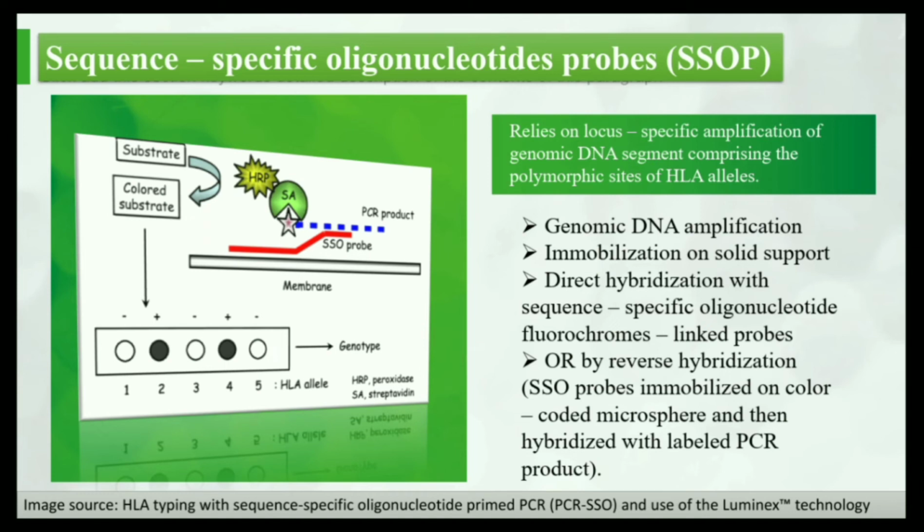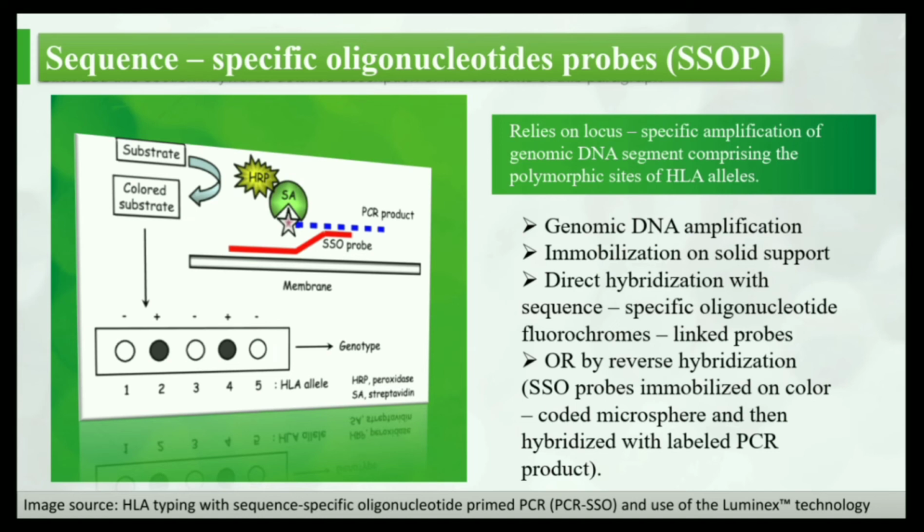So the procedure relies on the locus specific amplification of the genomic DNA segments comprising the polymorphic sites of the HLA alleles, and the amplified DNA is then immobilized on a solid support, usually a nylon membrane, and then hybridized with a battery of sequence specific oligonucleotide probes.